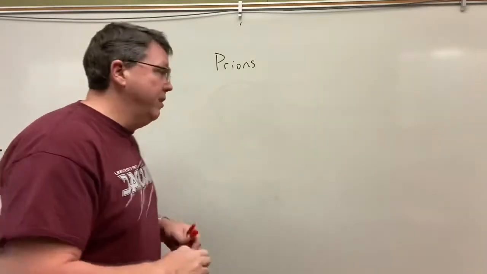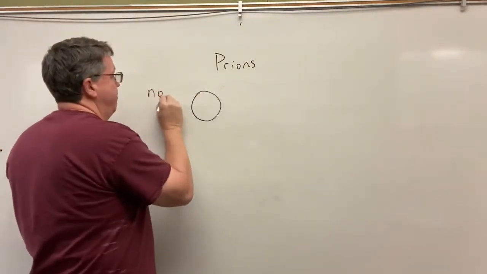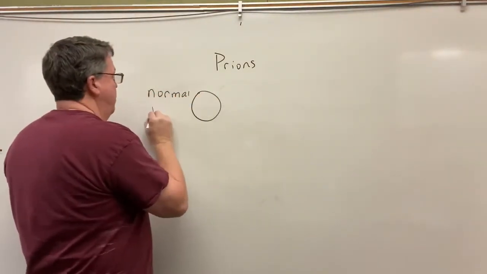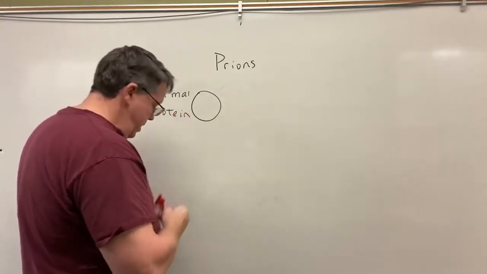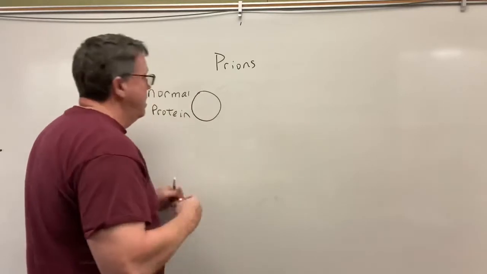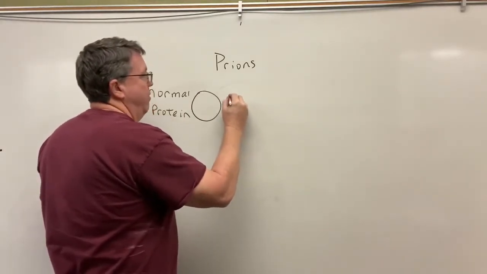So let's take a look at this. Let's say this is my normal protein right here. And then I have my abnormally shaped protein. So let's just say this is my prion right here.